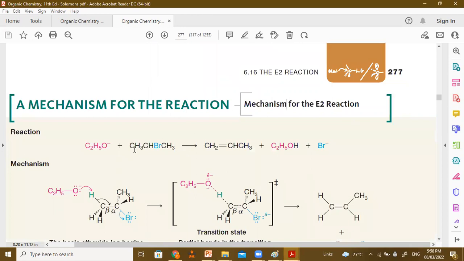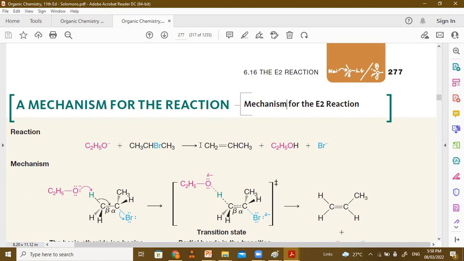So here, let's have an example reaction to illustrate the mechanism of the elimination E2 reaction. Again, when you say E2, when we indicate 2, it means bimolecular, and E means elimination. So let's consider, for example, the reaction of ethoxide and isopropyl bromide or 2-bromopropane.